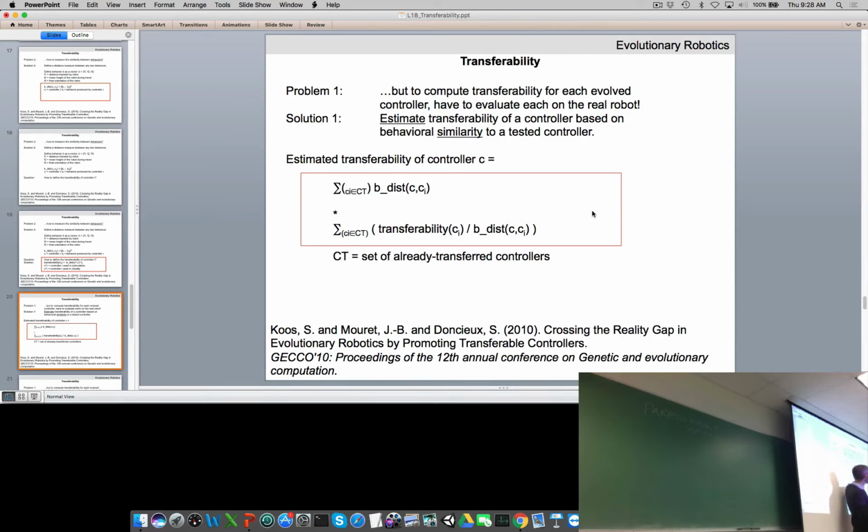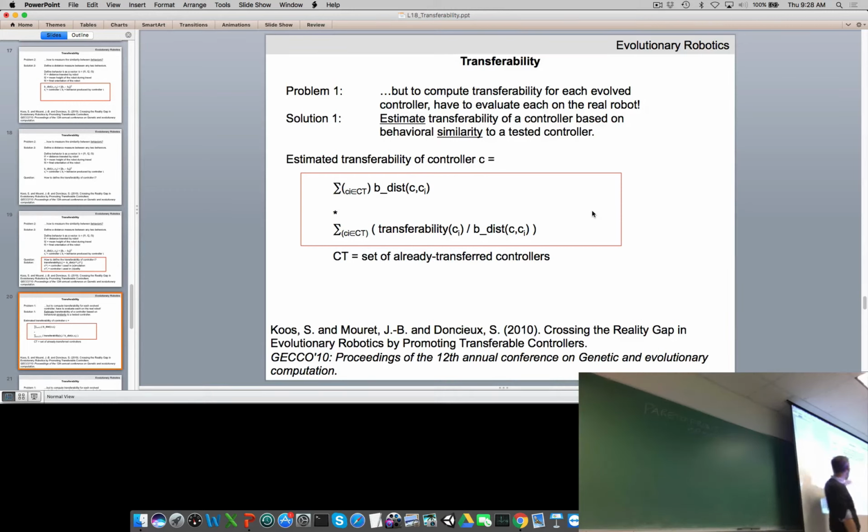The distance between C and CI is the distance according to the simulated robot, because C has not yet been sent to the physical robot. All we have is behavioral data from the virtual robot using C, and we have virtual data from the virtual robot using CI, so we can measure this distance.